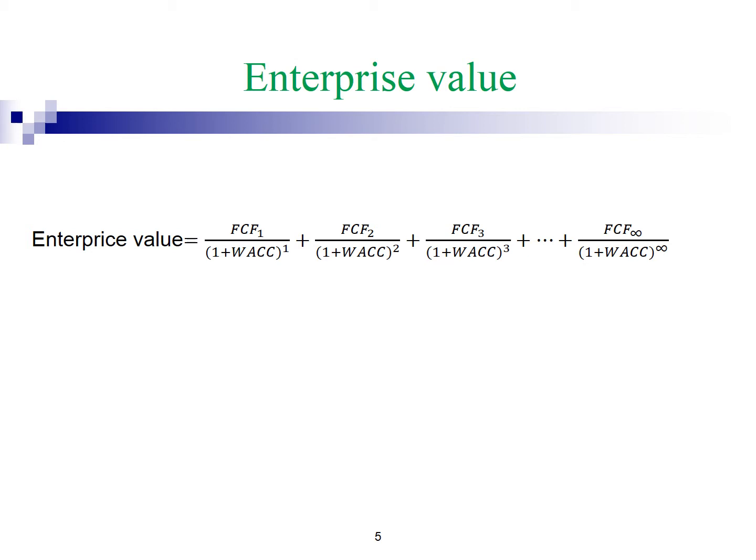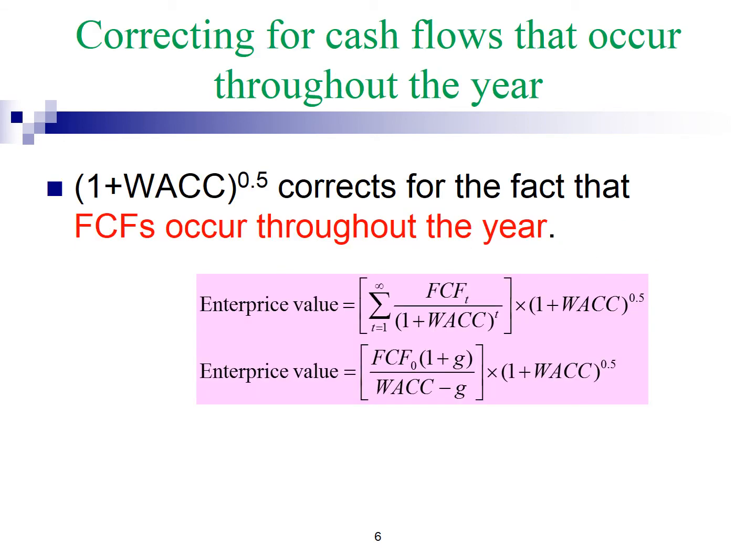The present value of the firm's future free cash flow is often called the firm's enterprise value. The enterprise value is multiplied with 1 plus WACC power of 0.5 because we have to correct for the fact that free cash flow occurs throughout the year.